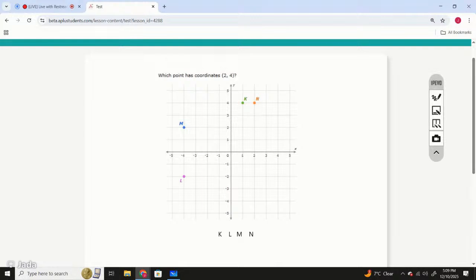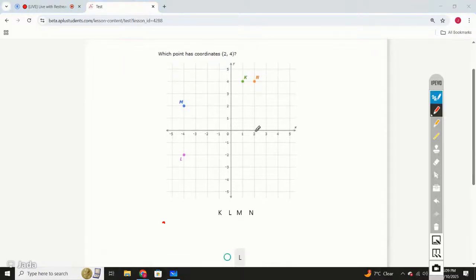Which point has coordinates 2 and 4? X is 2, Y is 4. Point N has the coordinates 2 and 4.